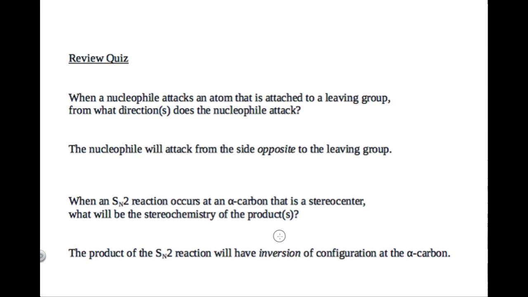If the molecule contains other stereocenters besides the alpha carbon, the SN2 reaction will not invert the configuration at any stereocenters besides the alpha carbon because there's no reaction happening there. The SN2 reaction only inverts the configuration at the alpha carbon stereocenter. These are ideas that are both crucial to have memorized. They'll be very helpful on exams.